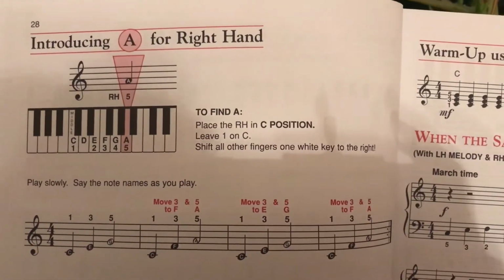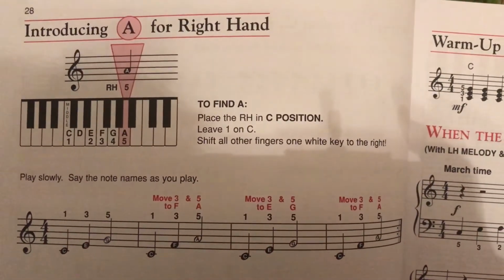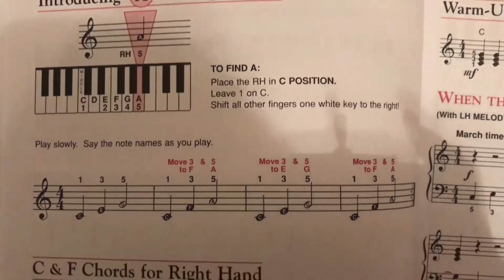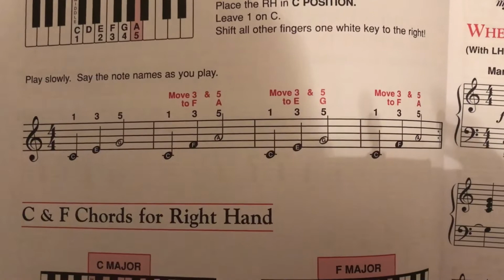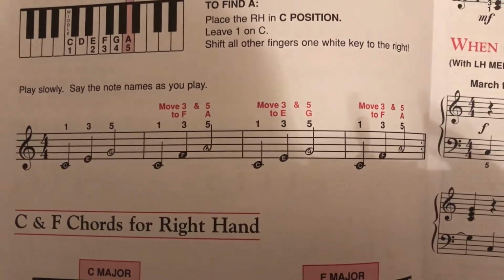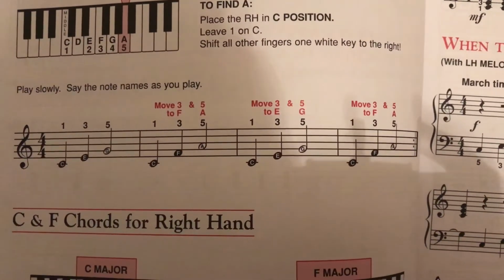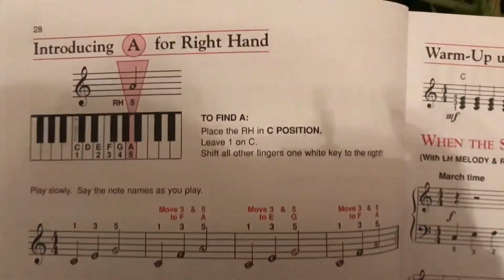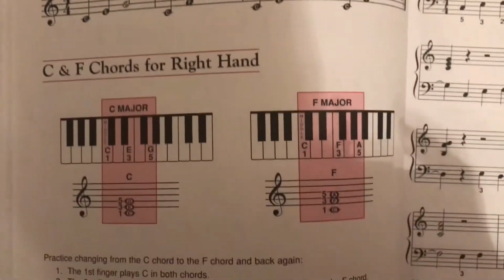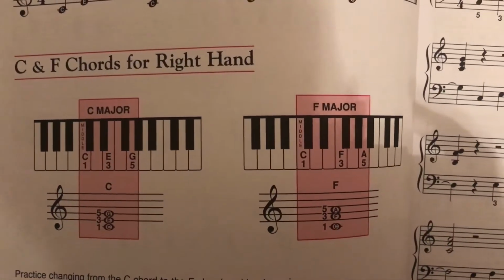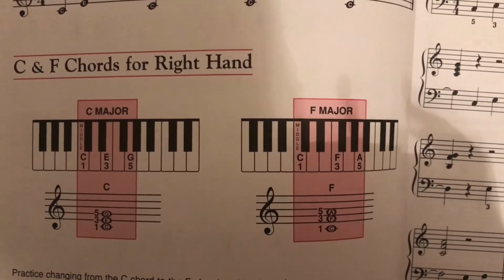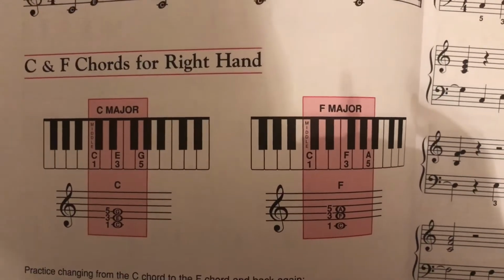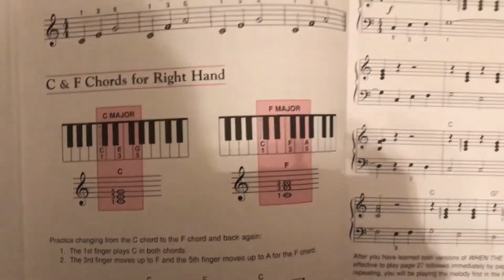Okay guys, as you can see, we will be introducing note A on our right hand today, and then we will practice a little about how we can play the note A on our right hand keyboard. Once that is done, we will move on to understand how we can play C major and F major chords on our right hand section of the keyboard.